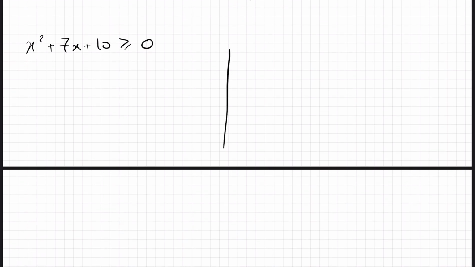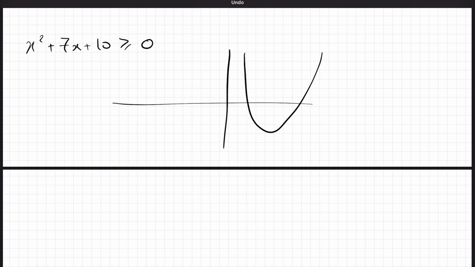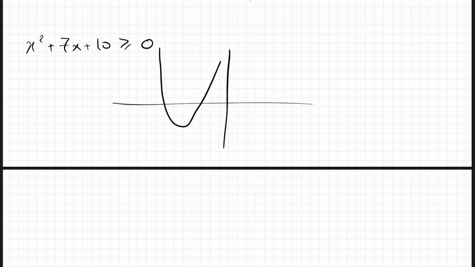We know this is going to look something like this. Oh, I just realized I drew it wrong. It's going to look like this, actually. Specifically, this will have roots at minus 5 and minus 2. Those aren't too important, but the important thing is that we find the region which satisfies this inequality.